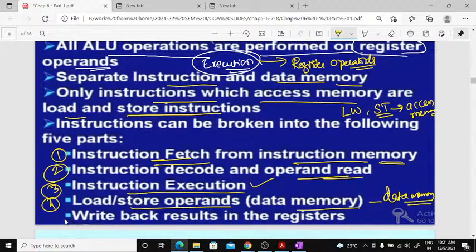Load or store operands means it is dealing with the data access to and from the memory. Then write back the result in the register.